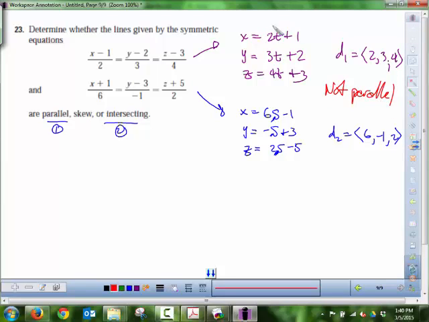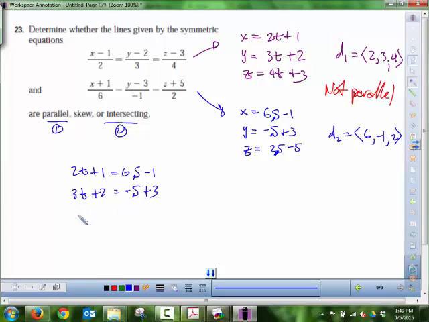Let's find out if they intersect. Let's set the x's and y's equal and the z's equal to each other. We can start off with x's. 2t plus 1 is equal to 6s minus 1. And then the y's, 3t plus 2 equals negative s plus 3.